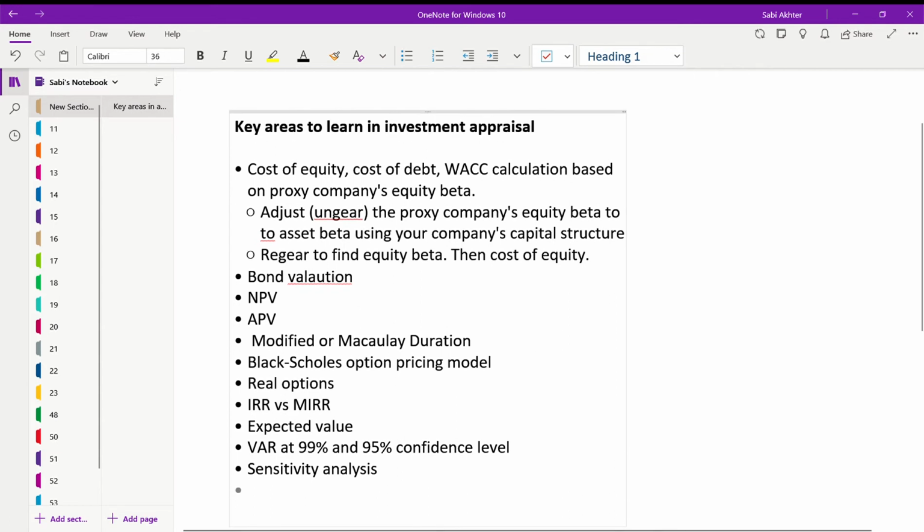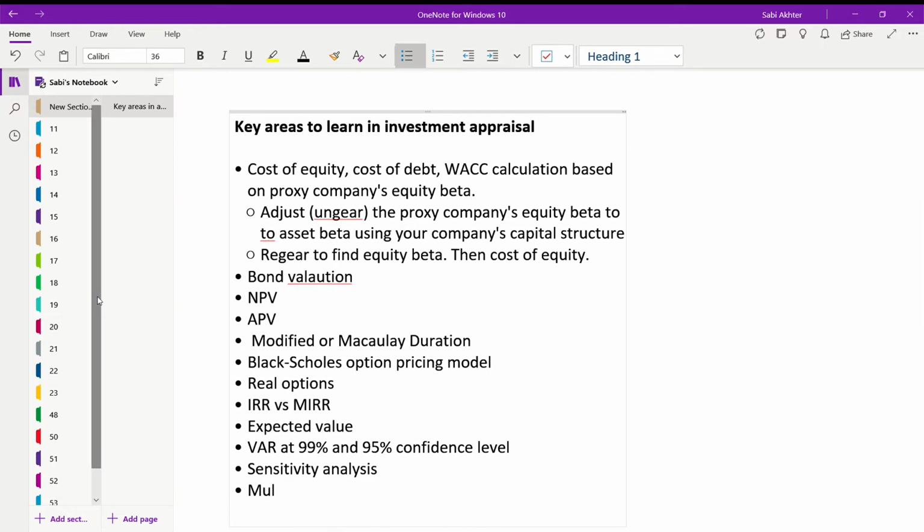What's next? Multiple capital rationing or linear regression, multiple capital rationing. You have to know how to use that equation and all.